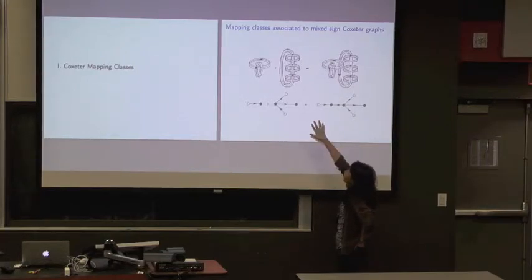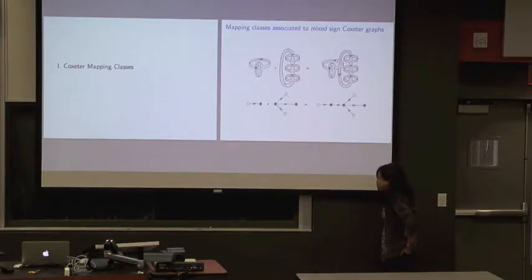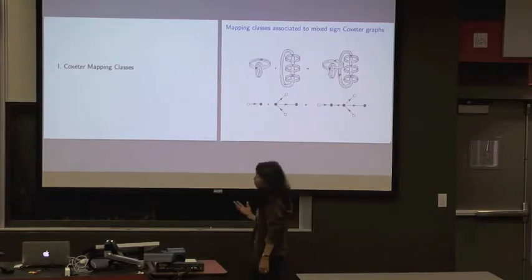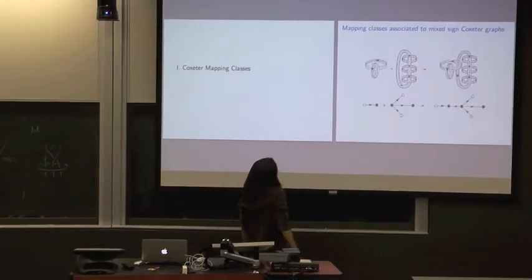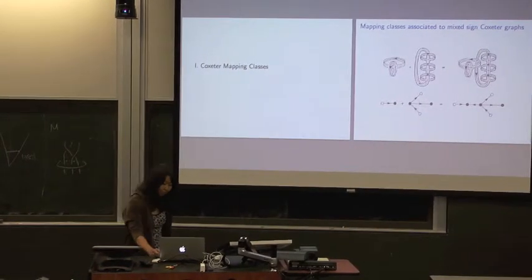But anyway, I get a surface associated to the graph, with core curves that correspond to vertices. For the black ones I do a positive or right Dehn twist, and for the white ones I do the other, a left Dehn twist, in the order based on the ordering of the vertices. So that gives you a surface and a mapping class.